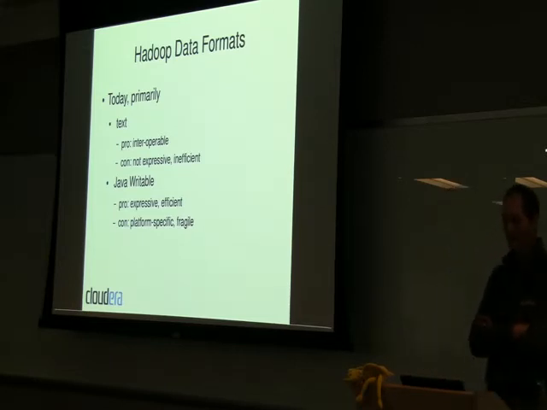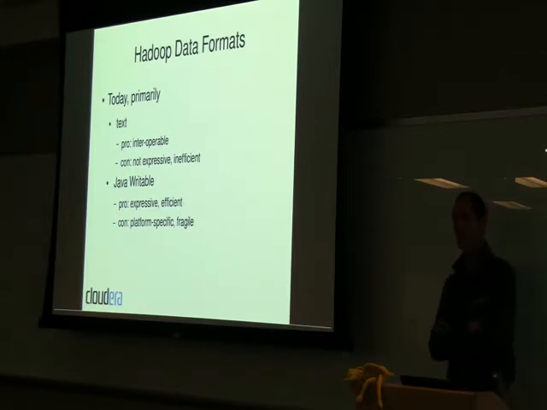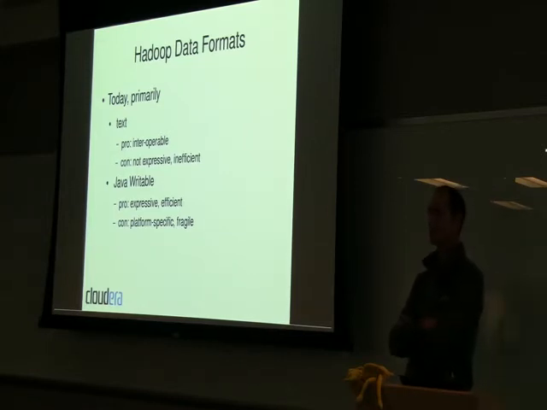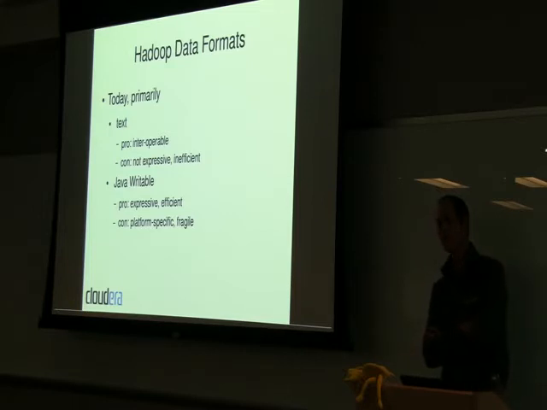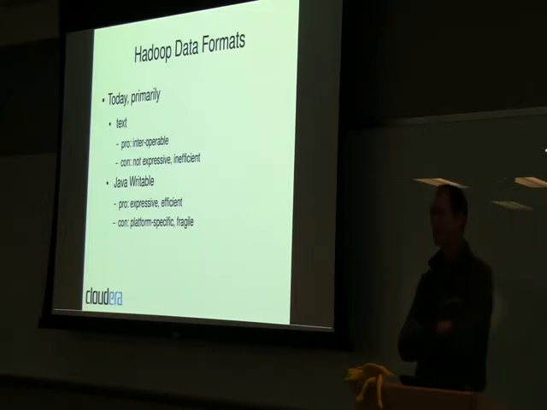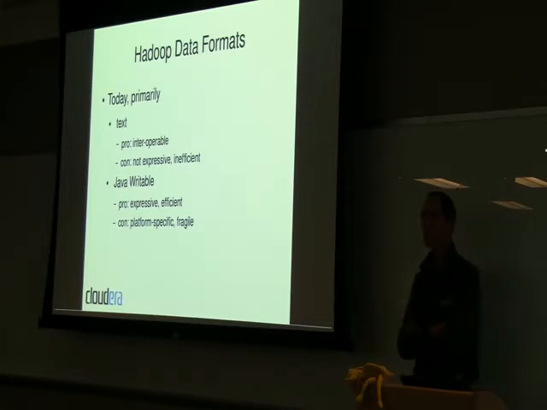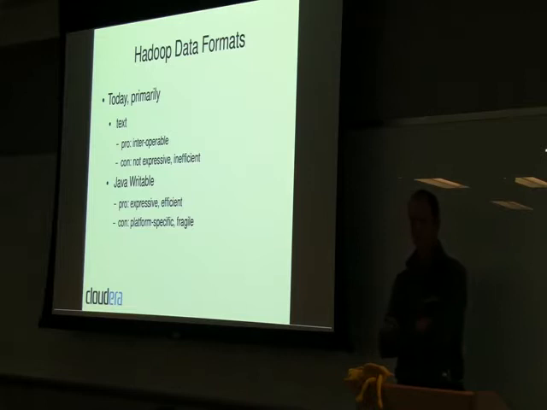But on the downside, they tend to be platform specific or Java specific, not necessarily easy to read from C or Python or Ruby, and unless you go through a lot of work, they are very fragile. If you add a field, remove a field, you may have trouble reading the prior version of the data structure.